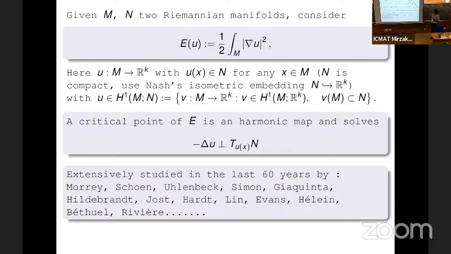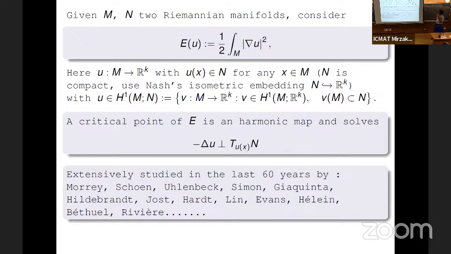Okay, so we want to study this energy. It's the Dirichlet energy. Here, nabla is really the gradient because we are thinking of maps that go from your domain M to some R^k, and you impose the constraint on the map that it takes values in this manifold N. This energy is perfectly defined in this class, so you can define, with some work, this energy class.